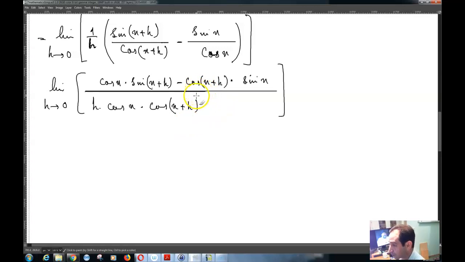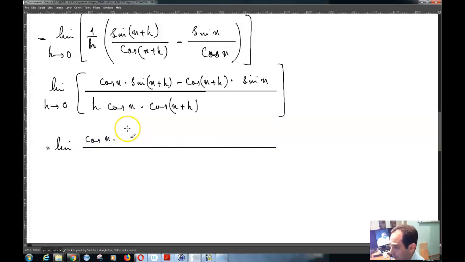Okay, so let me see what we can do here. So if I write this as the limit of basically cos x times sine x cos y plus cos x sine y, and then you have cos of x plus h.